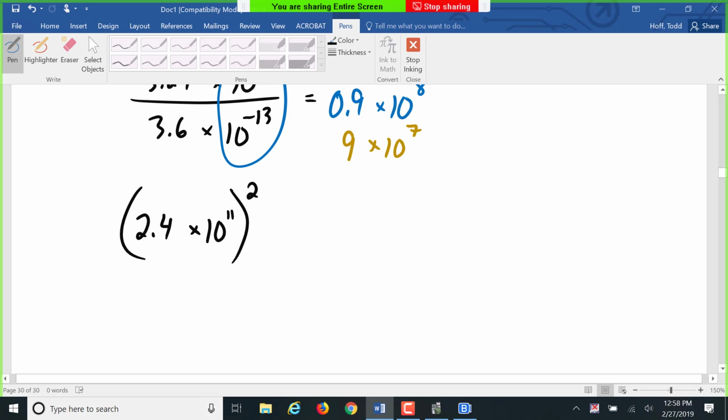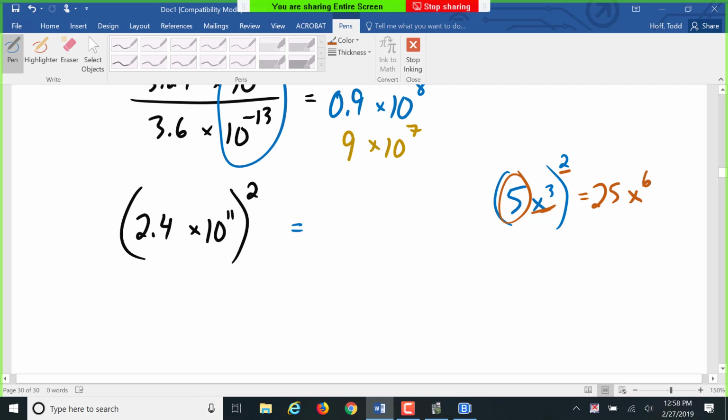If I'm going to square a number in scientific notation, just like when we dealt with some basic operations with algebraic numbers, if we had 5x to the third and we squared it, we squared the 5. What was 5 squared? 25. Then x to the third to the power of 2 is x to the 6.